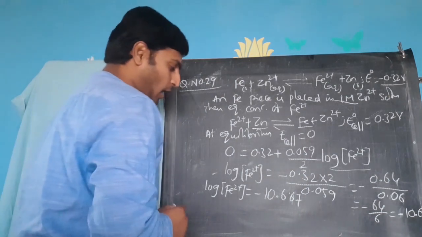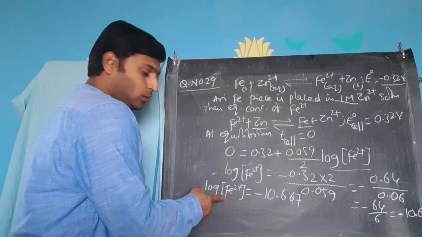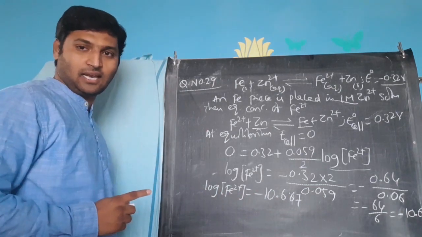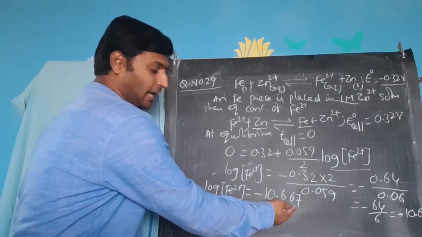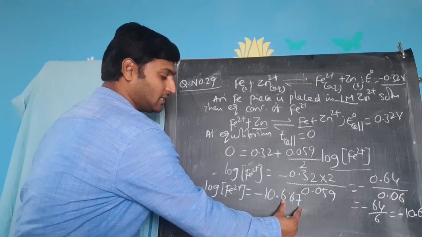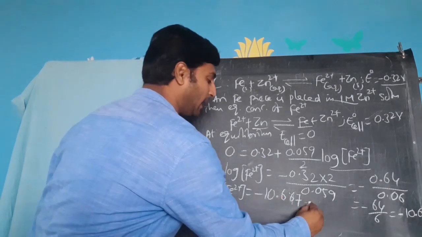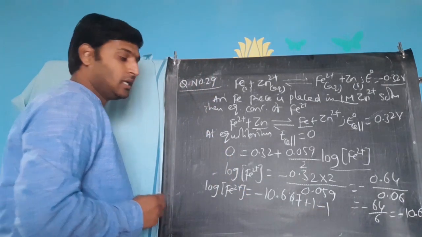Okay, now to get Fe2+ concentration you need to take the anti-log of this value, and when I was discussing theory, I told you whenever you have to take the anti-log of a negative value, you can't keep the mantissa negative, you have to convert the mantissa positive. To convert the mantissa positive, plus 1, minus 1 you put.